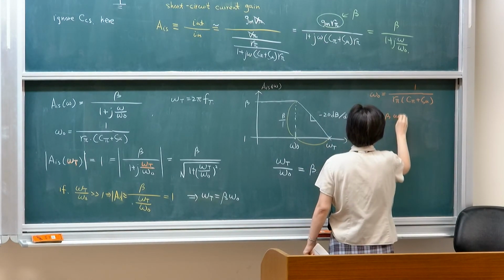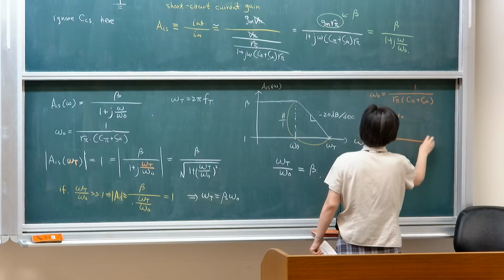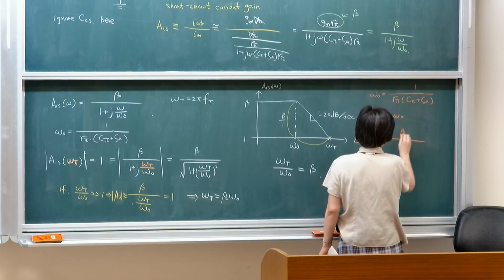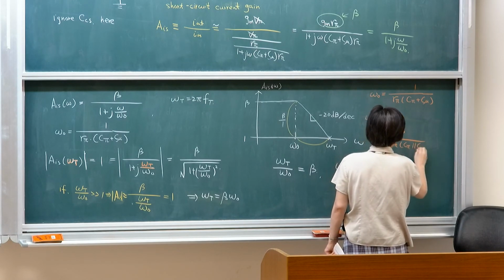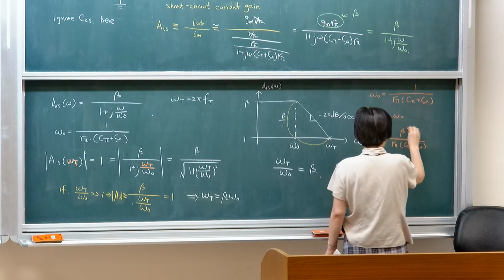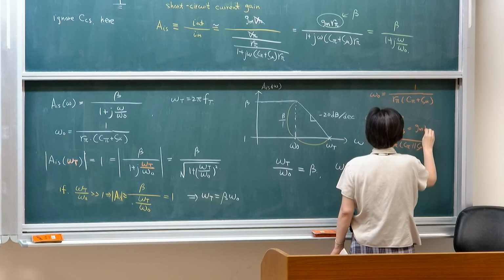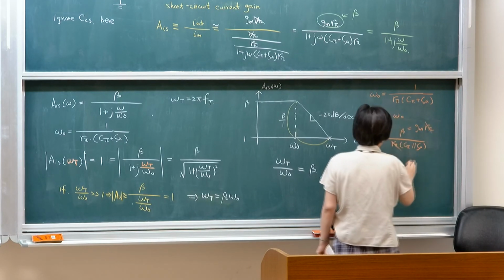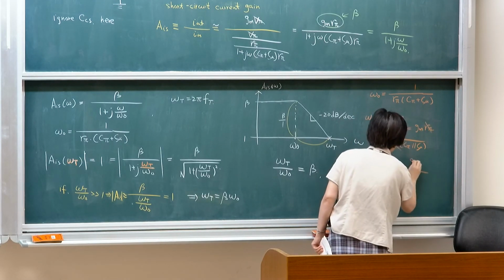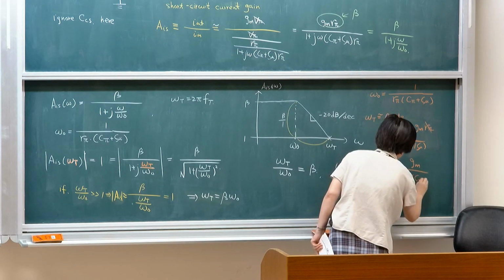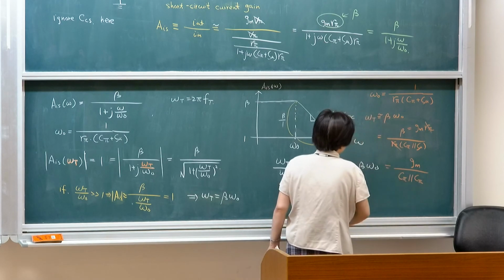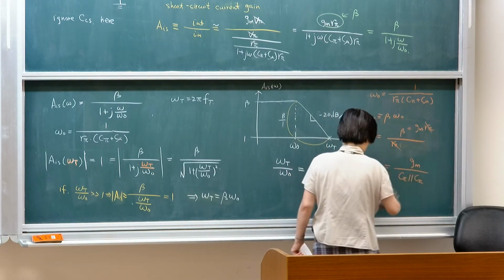It's beta omega 0, which is beta over r pi (c pi plus c mu), and we know that beta is gm r pi. So you cancel the r pi, and it becomes gm over (c pi plus c mu).